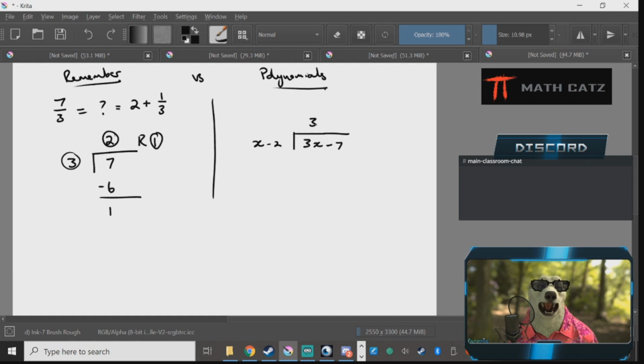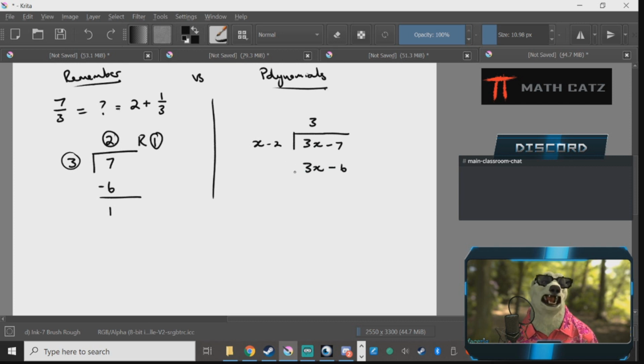Then I multiply 3 with the whole divisor, just like I multiplied 2 by 3 in the elementary school example. So 3 times x is 3x. 3 times -2 is -6.